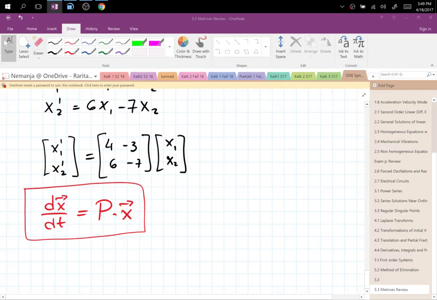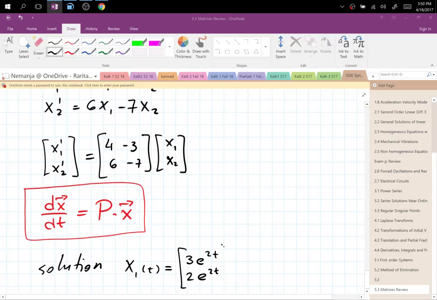So let's see, say solution. We are not solving this now. I'm just giving you a solution to check. So one of the solutions is x1 of t is equal to 3e to the 2t and 2e to the 2t. So this is one of the solutions.